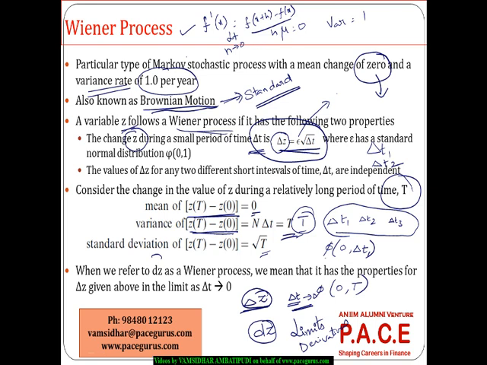The same logic applies here: whatever is the change between the final value and the original value, as delta t becomes closer and closer to 0, we call it dz. That dz is the Wiener process, having all the properties of delta z when delta t is becoming closer and closer to 0.